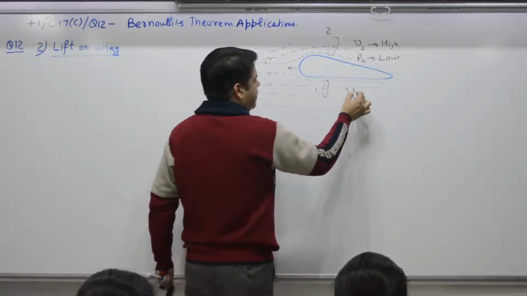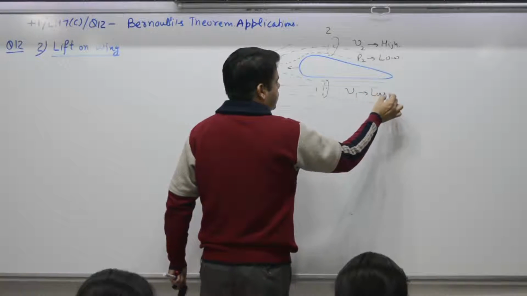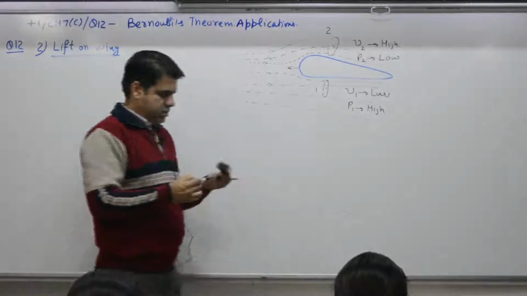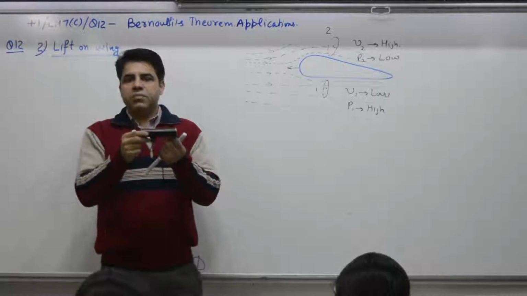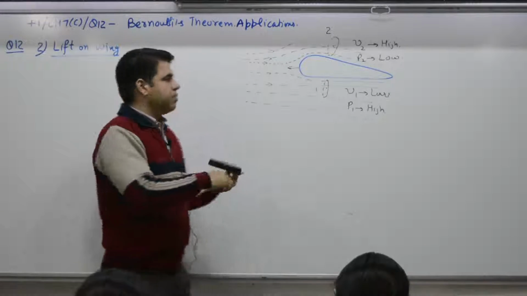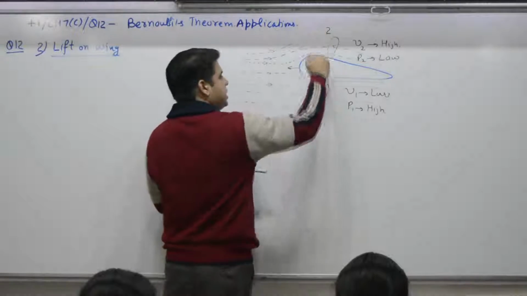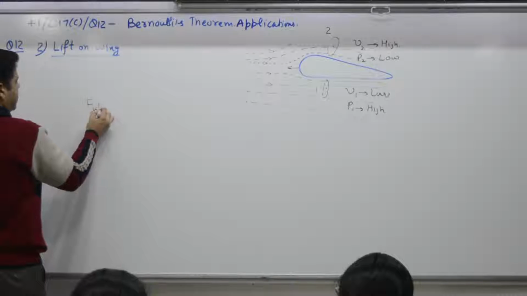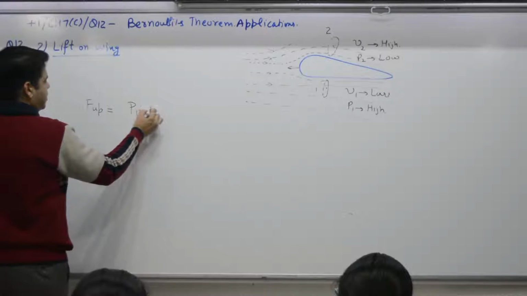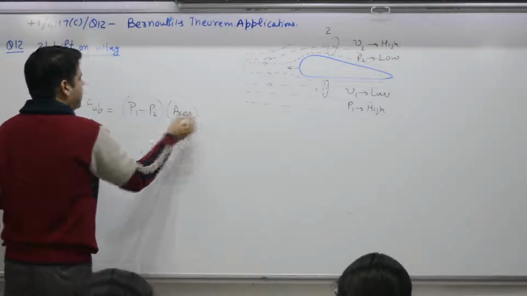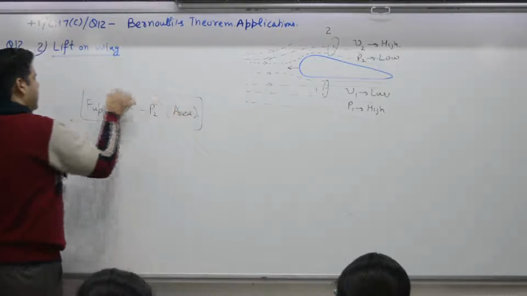At this point, V1 is low, pressure is high. Means, if this is the object, pressure below is high, P1 is more, P2 is less. So net upward force will be equal to what? Pressure difference into area. You have a number of numericals based on the same.